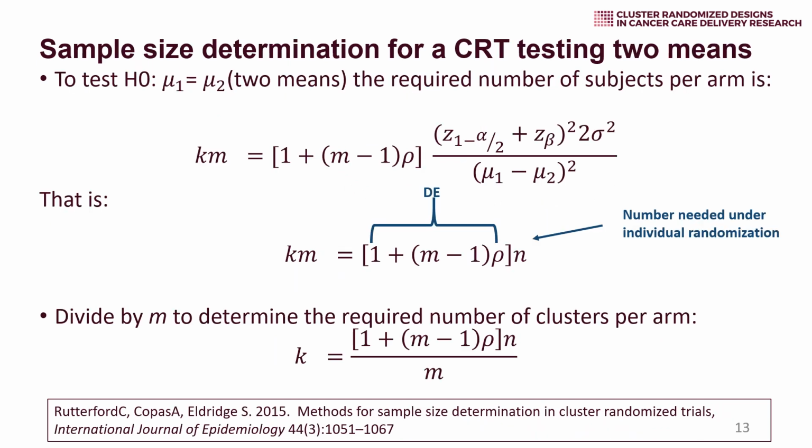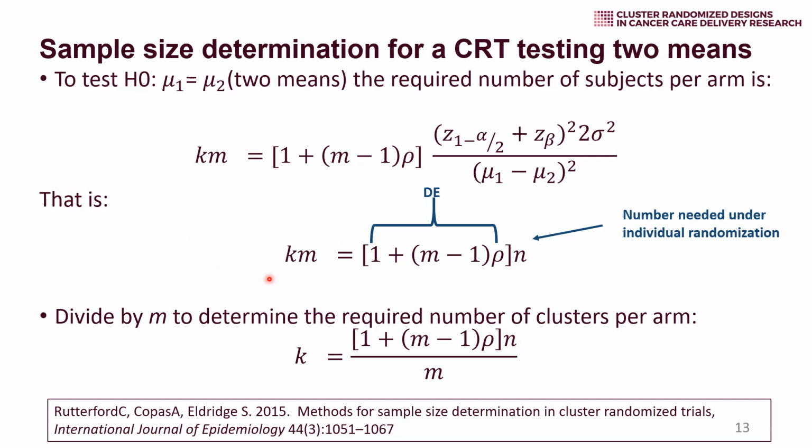So when we're trying to determine the sample size in a cluster randomized trial, let's start by assuming we're trying to test the difference between two means. The required number of subjects in each arm is inflated by this design effect, where remember the design effect depends on the cluster size and the intra-cluster correlation.